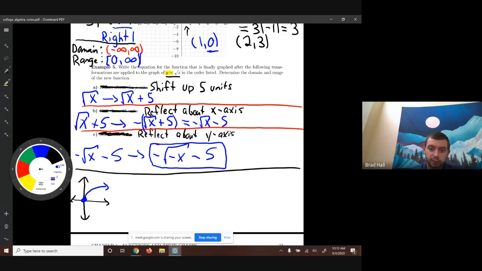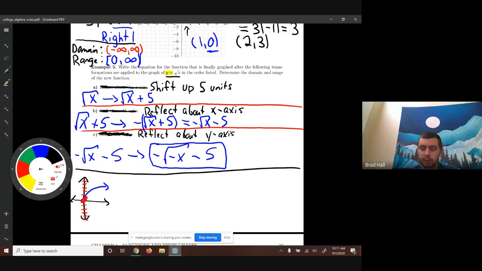So now we need to take that original form and shift it up 5 units, and then reflect that about the x-axis, and then reflect that about the y-axis. Which means you take that center point that I emphasized on the graph there. So this point I'll color it in red. If we shift that up 5 units, 1, 2, 3, 4, 5, and then we reflect about the x-axis, that point would then become down here.